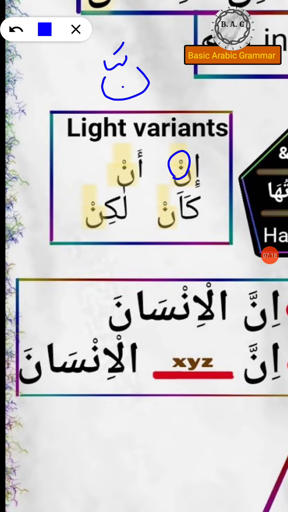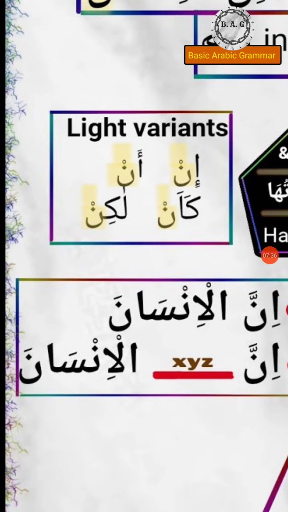All right, so inna becomes in, anna becomes an, ka anna becomes ka an, and lakinna becomes lakin. This is something that we're going to learn in fail extensively, inshallah. So we are going to cover this in fail.